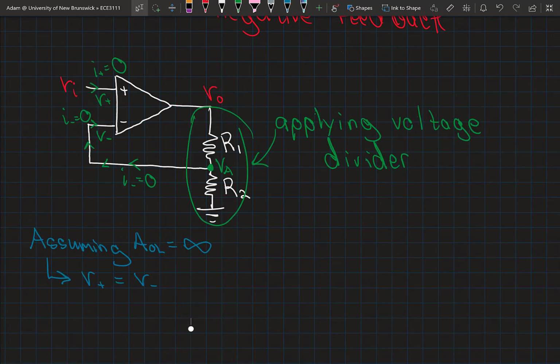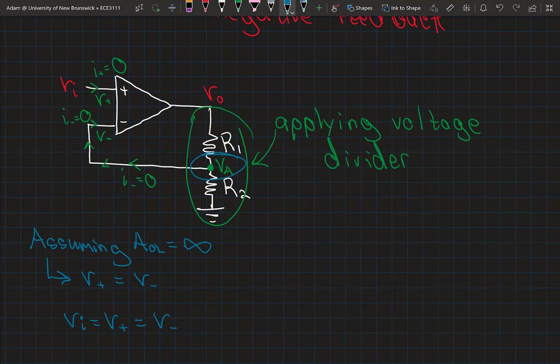So if that's true, we see that the voltage at the input is the voltage at the non-inverting terminal. We're saying that that voltage is equal to the voltage at the inverting terminal, and that is also the voltage at the center of our voltage divider.